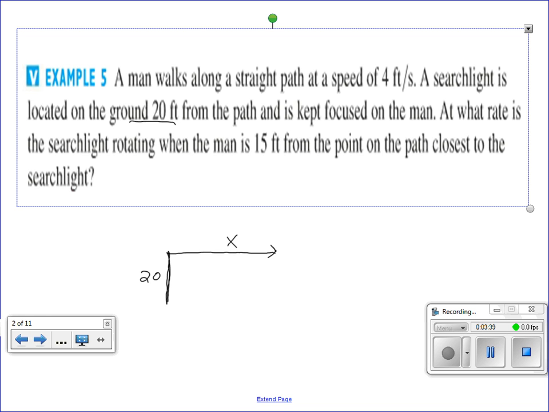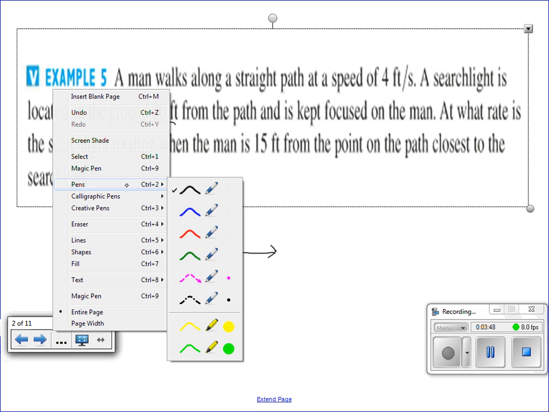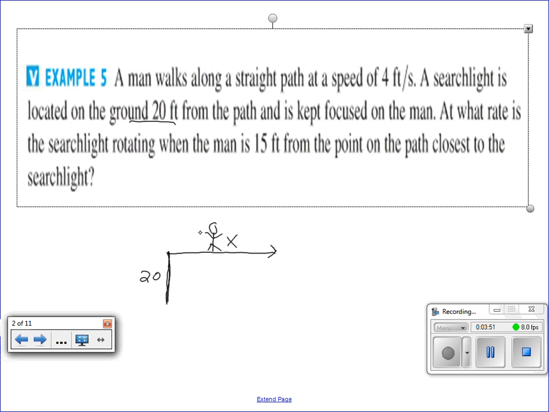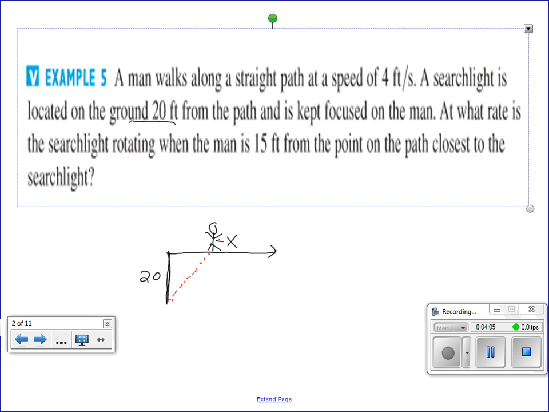So this man's walking here, and there's a searchlight, which I'm going to make red. He's moving this way, and the searchlight is focused on him. Sometimes it takes a little while to figure out. And it says, at what rate? So we look at this and draw a picture.